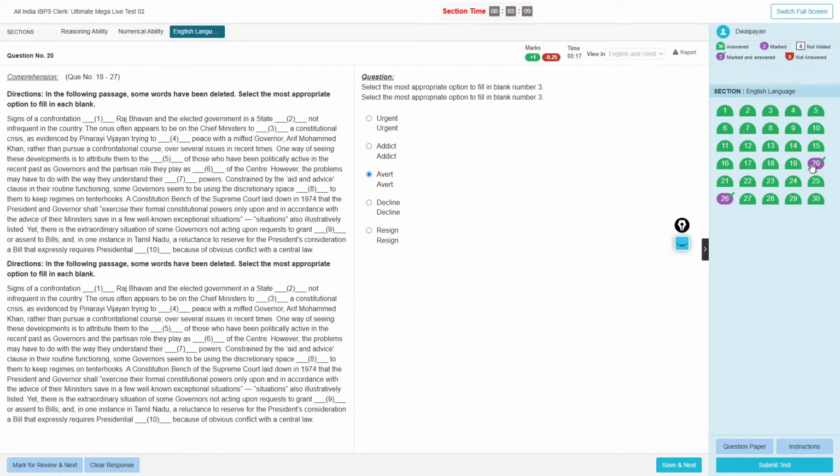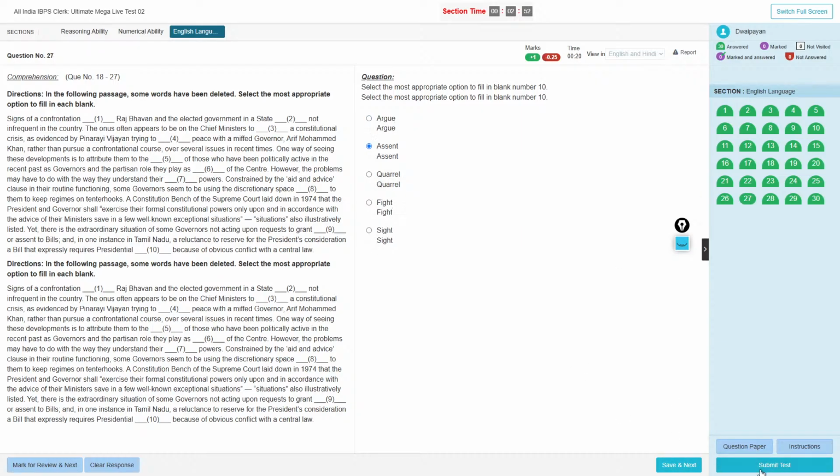So one side subjective, one side objective. It is not acceptable. In third space, okay, onus often appears to be on the chief minister to avert a constitutional crisis. Surely. Okay, this one I will just go with the flow.